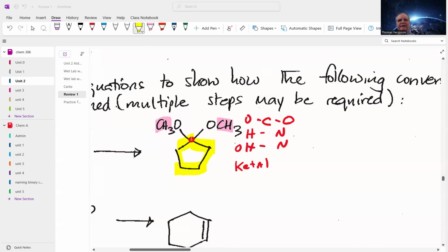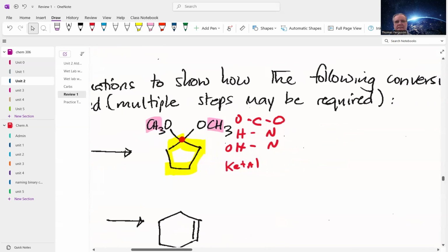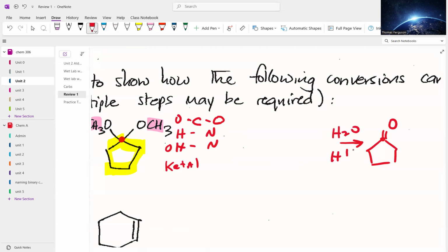Okay, well, let's back up now. How do you make a ketal? Make a ketal from a ketone. All right? And going from here to here requires that.